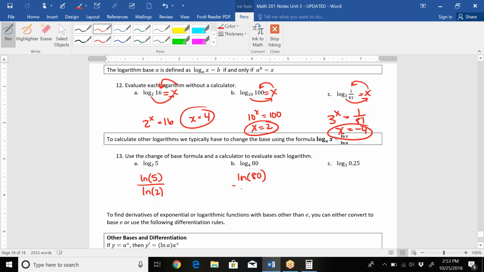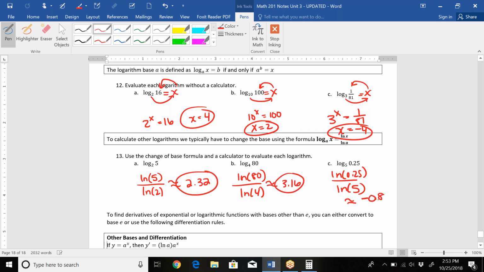So if you just write each of these in that format, then we can use our calculator to evaluate them. And when I did that, I got 2.32, and then 3.16, and then negative 0.86, just using my calculator and the buttons.